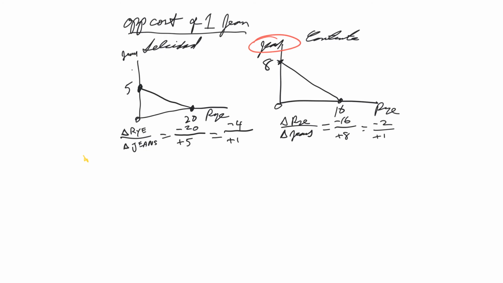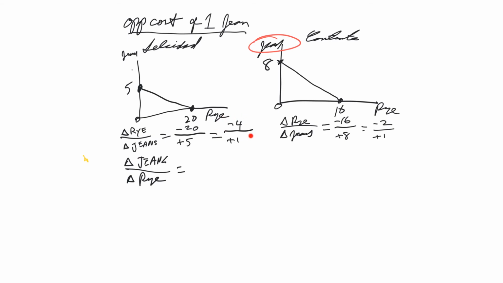Now, the question asks for who has the comparative advantage in rye. Well, this time we're going to put rye in the denominator. Change in genes over change in rye. And we're going to cut to the chase here. Remember, these are reciprocals of each other, okay?